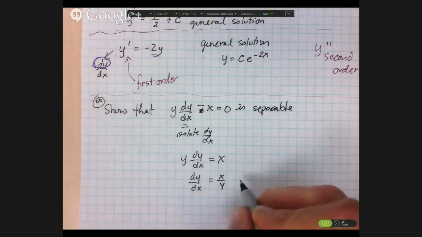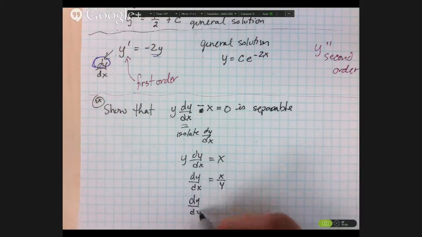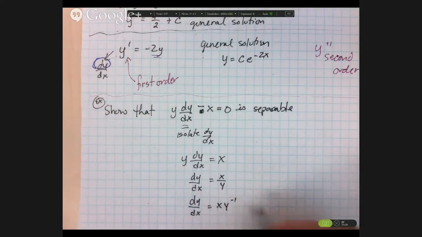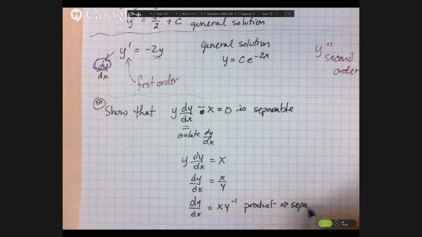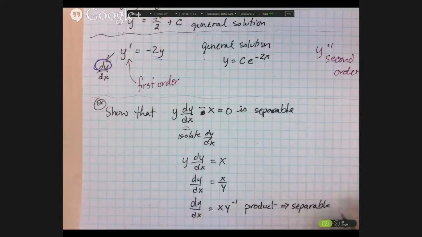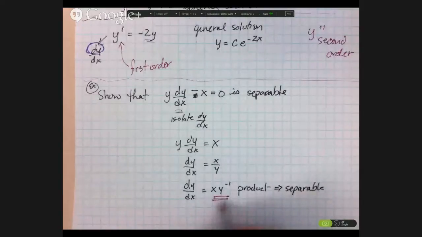And then you need to make it a product. How can I make that a product? If this is a product, it means it's separable.